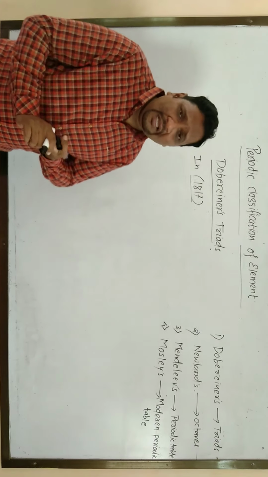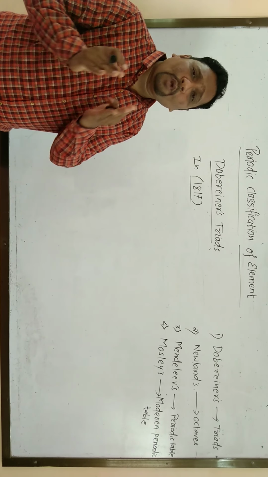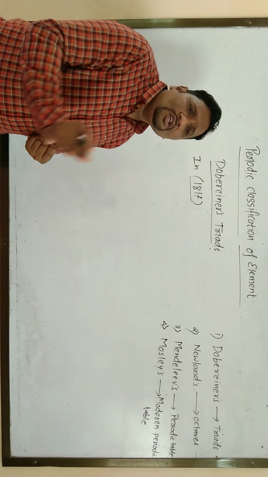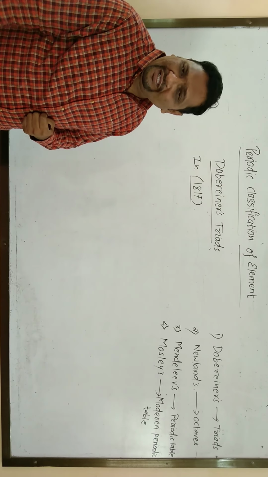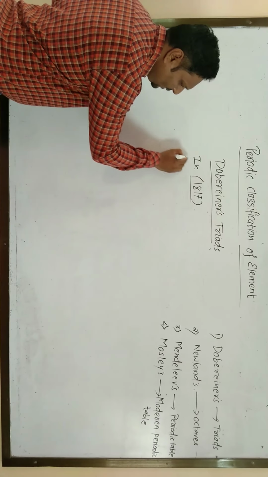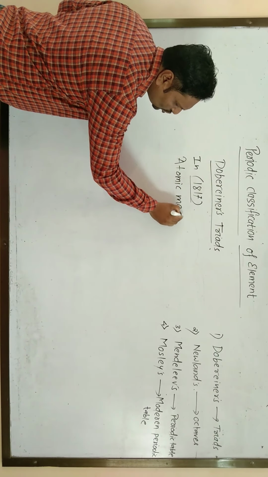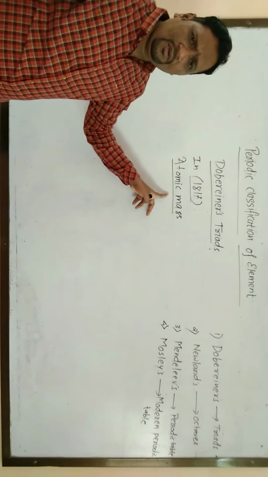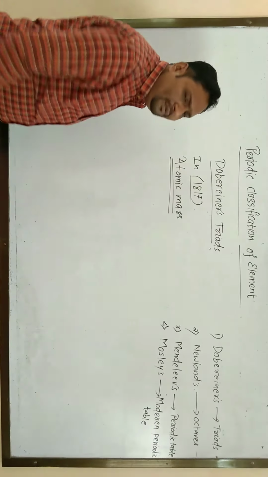It means that if the atomic mass of the element changes, the properties of the elements also change. So the criterion he chose for classification is atomic mass. The whole system of classification of Döbereiner is based upon atomic mass.